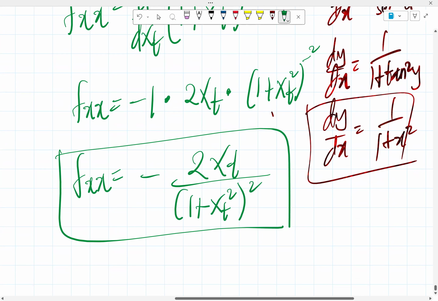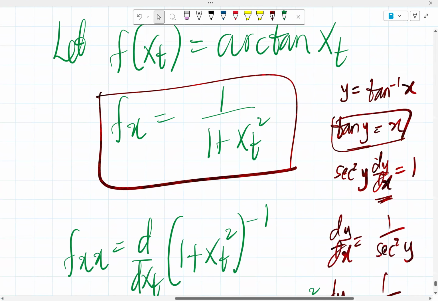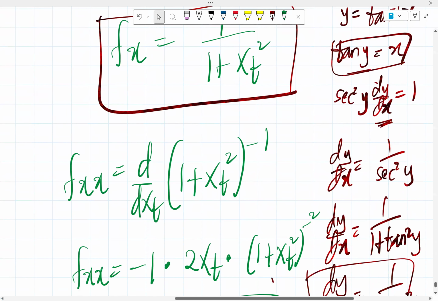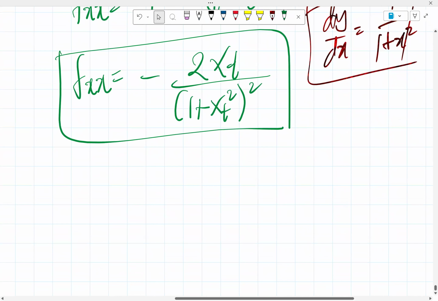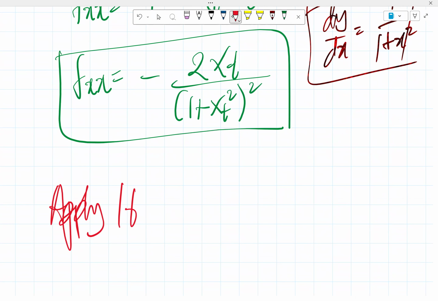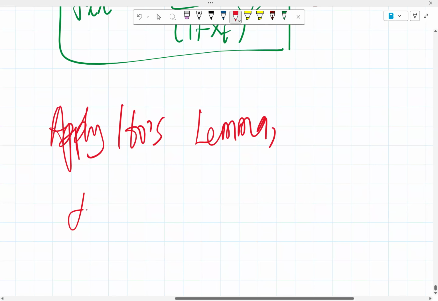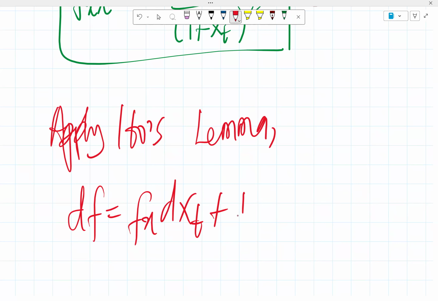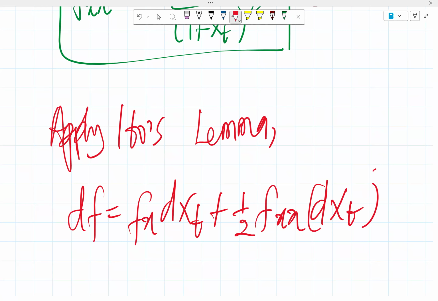So just identify your f of x of t and then differentiate the first time, get the first derivative, get the second derivative, and then keep it moving. I mean, then apply Ito's lemma, right? So then we apply Ito's lemma. So in this case, we have df is fx dx t plus half fxx dx t all squared.